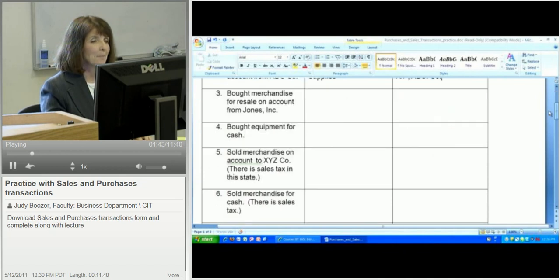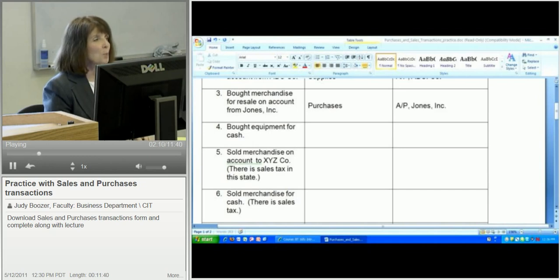Number 3, you bought merchandise for resale on account from Jones Incorporated. What do I debit? Good. Purchases. And what do I credit? On account. Accounts payable and, good, Jones Incorporated.